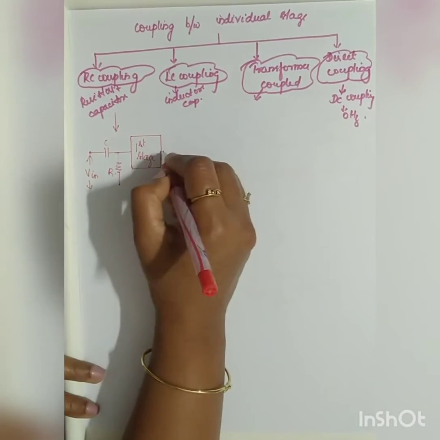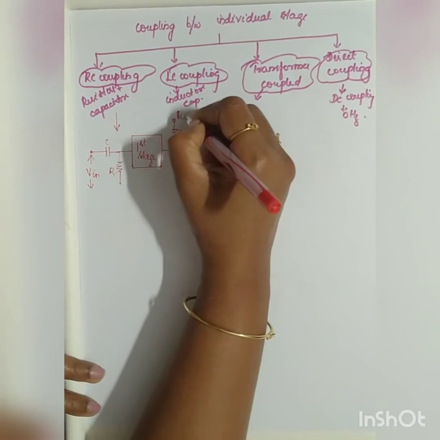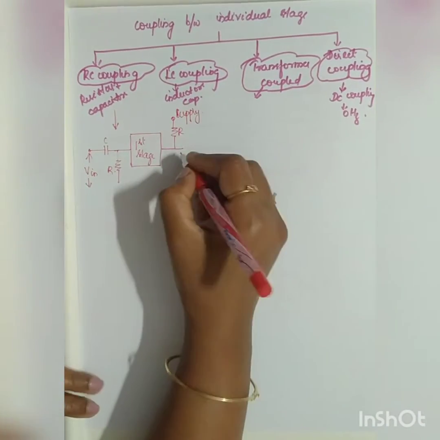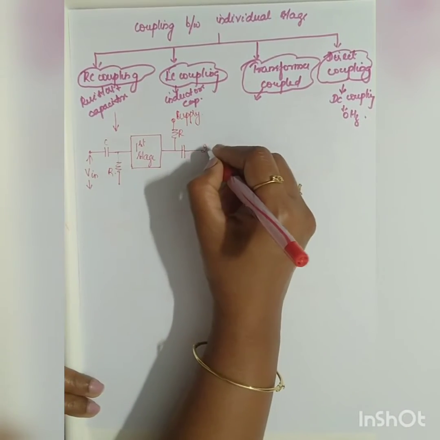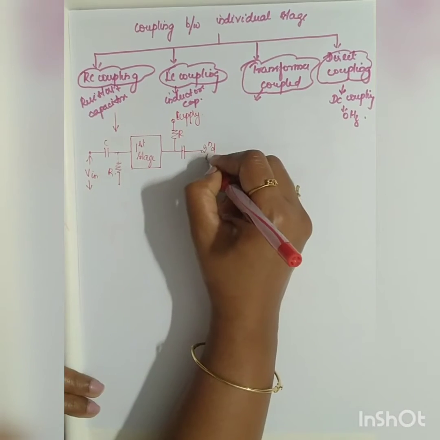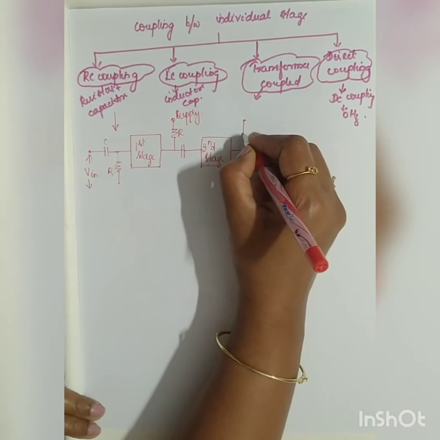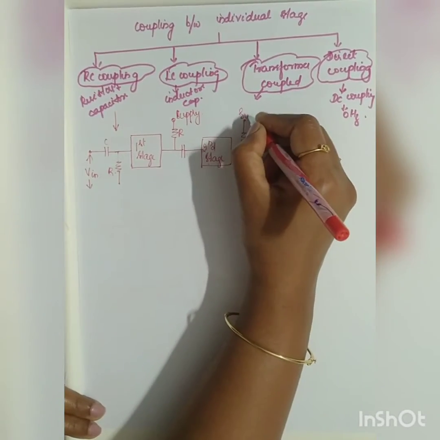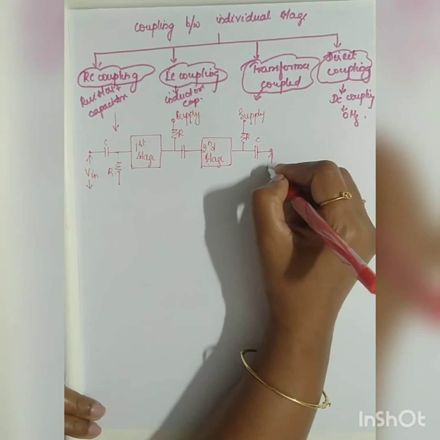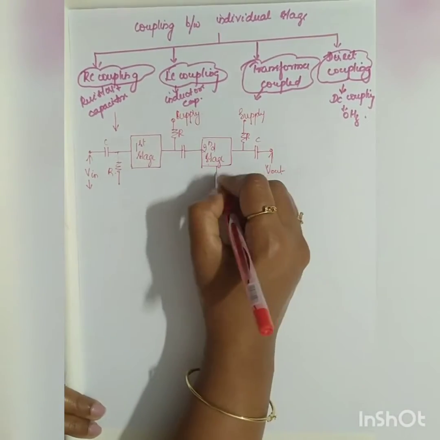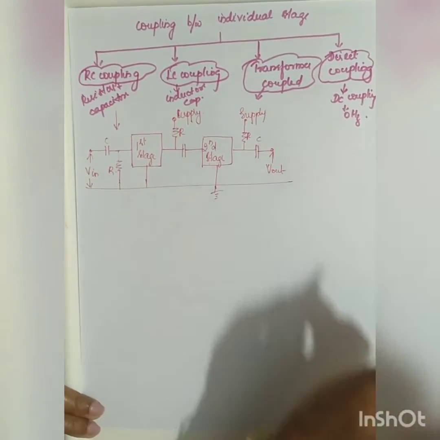For the second stage, R will be connected to the supply voltage, and RC will be given as the input to the second stage, and it goes on. Again you have R connected to the same supply, and along the C you get the output V out. The first stage and second stage go to the common connection, which is nothing but your ground.